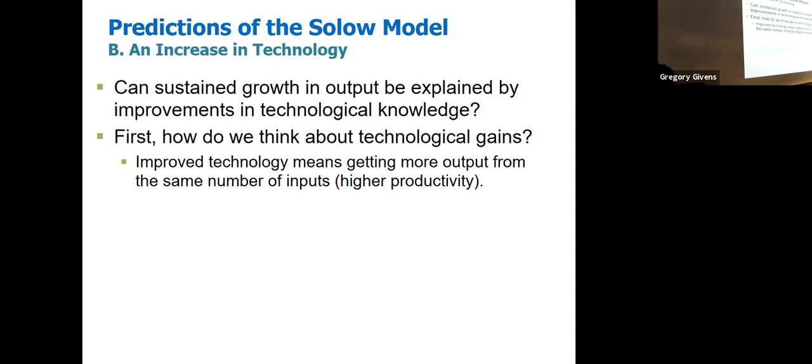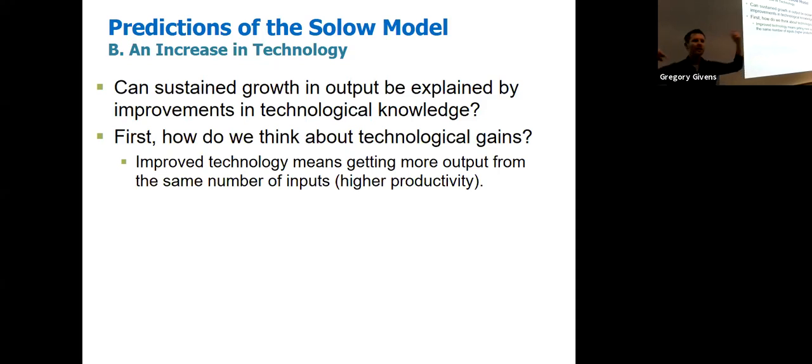But the basic idea with technology is that you would say that a country's technological environment is improving if we're able to produce more units of output using the same number of actual physical inputs, right? So we have some amount of labor and some amount of capital.